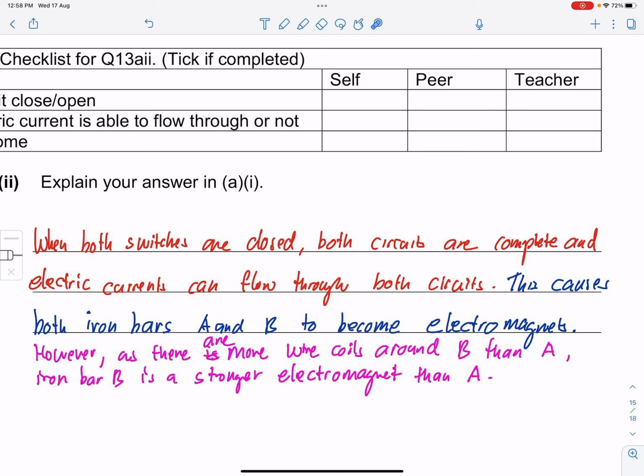So you need to be very careful with your English also. You cannot say there are more batteries in iron bar B. That doesn't sound correct. Some of you wrote that.